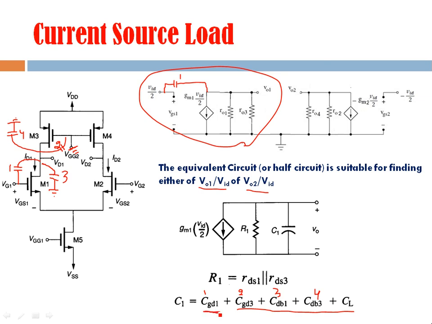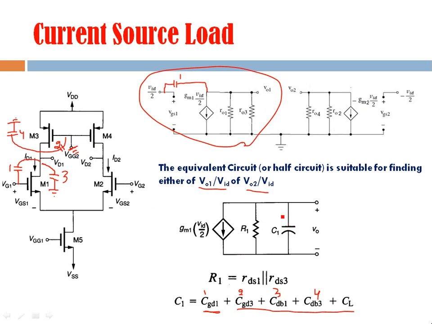And so this is the feedback capacitance, which is added here because of the Miller theorem. And all these capacitive components are already present here between output and ground, right?